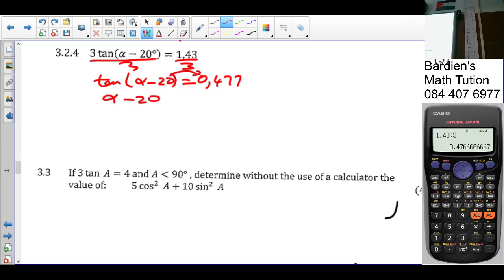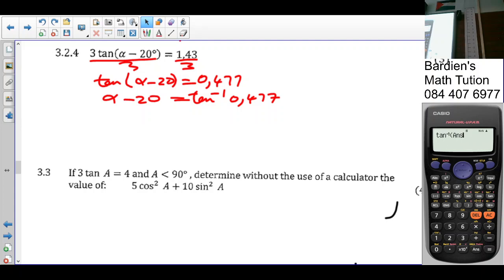You can't take 20 over the equal sign; you must first take arctan. So arctan of 0.477, or you can use the answer button. You get arctan of that answer is 25.48. You take 20 over the equal sign, it becomes plus 20. Plus 20 gives us an answer of 45.5 degrees. So alpha is equal to 45.5 degrees.